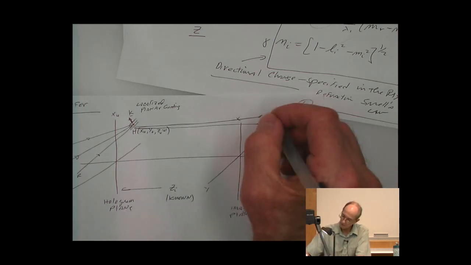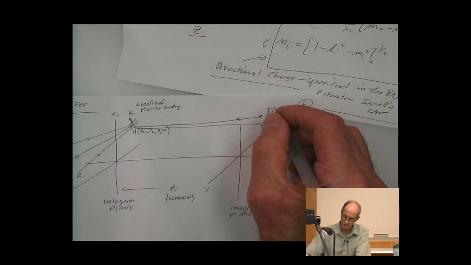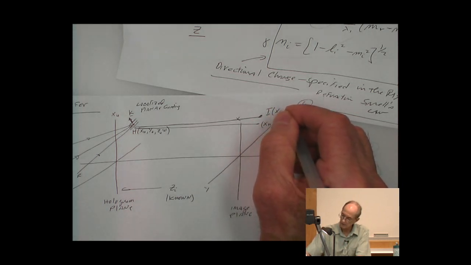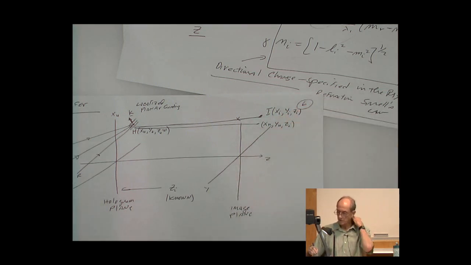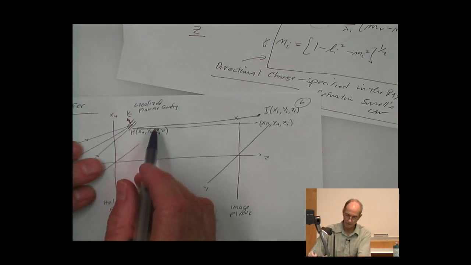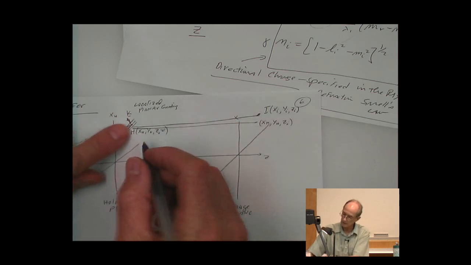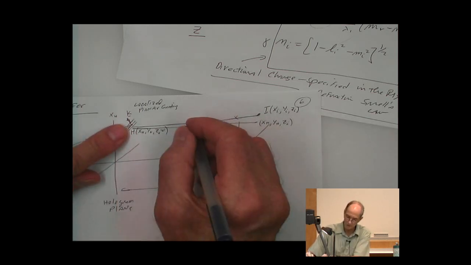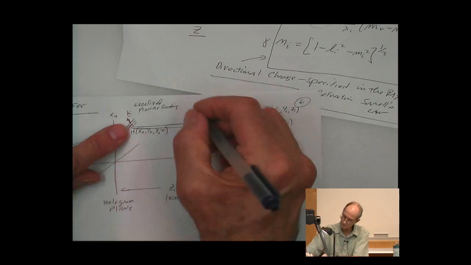And this is our image point, right? So this is going to be xi, yi, and zi. So we have zi, but we don't know xi and yi yet, right? But we do know what the angle is here. And we also know, so we could calculate this distance. This is ri, the distance value.